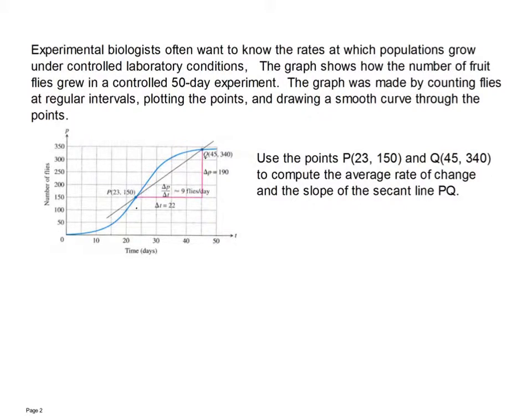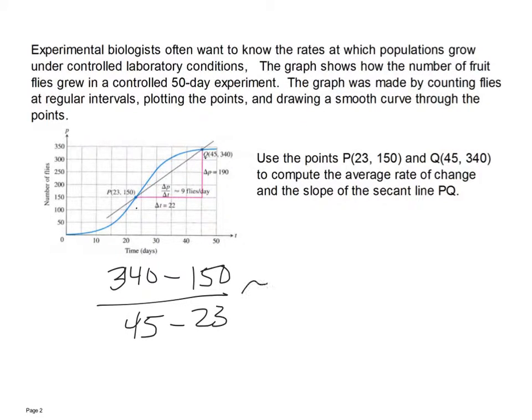Well, we use the slope formula, y2 minus y1 all over x2 minus x1. And if you actually calculate that out, now I want to go back and do units in a minute, it's about 9, it's 8.6, right? It's flies, so we better not have a decimal number of flies.